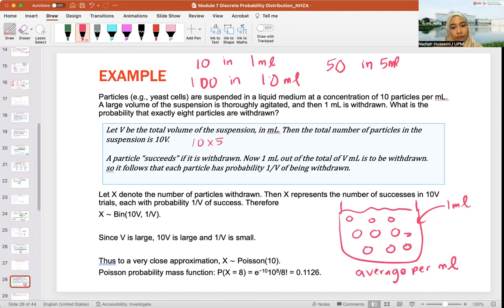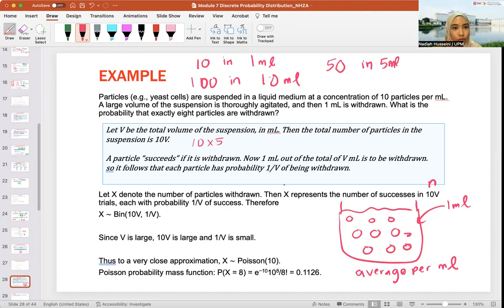Now, 1 mil out of the V mL is to be withdrawn. So it follows that each particle has a probability of 1 over V of being withdrawn. But the important part here is to know what the mean is, which is 10. No matter what the volume is, the mean is always going to be 10 because the concentration is the same. So let X denote the number of particles withdrawn. Then X represents the number of successes in 10V trials. So 10V is your N, your trial number.